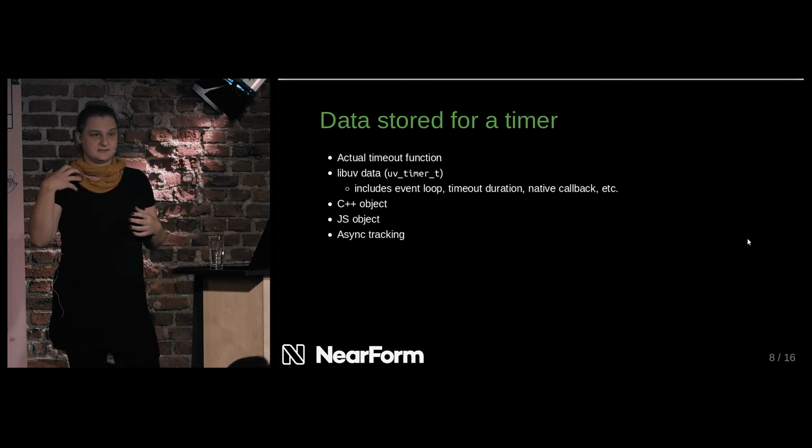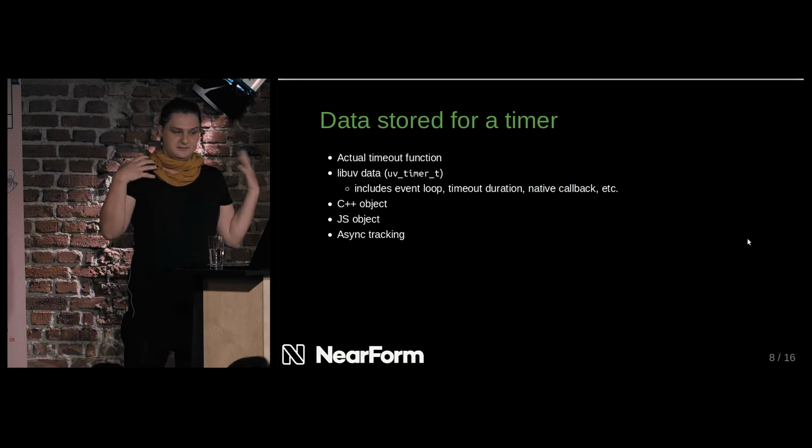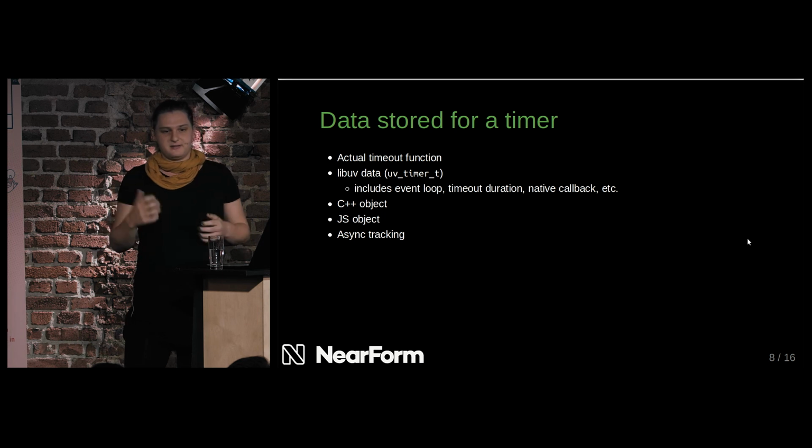If we want to access this object from JS, we need a JS wrapper object. And something that we don't technically need, but that Node supports out of the box for everything it does, is async tracking. I'm going to show you an example of how that works in Node once we've finished coding setTimeout.